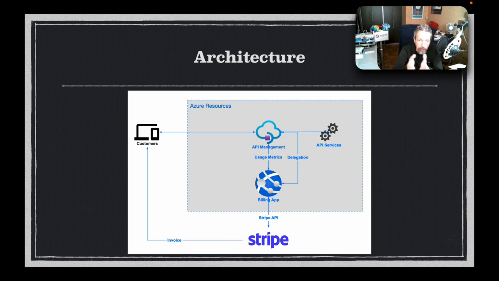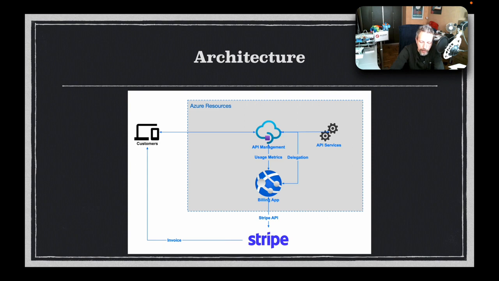So the billing API provides the subscription part, but it's also the billing API that will be sent all the usage metrics for the accounts created, and that will be eventually the bill that we send to Stripe, so Stripe can send an invoice to our customer.